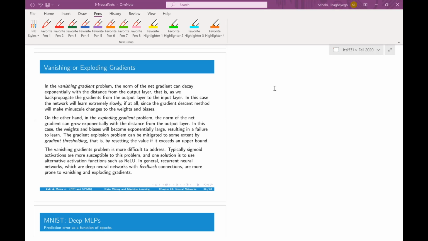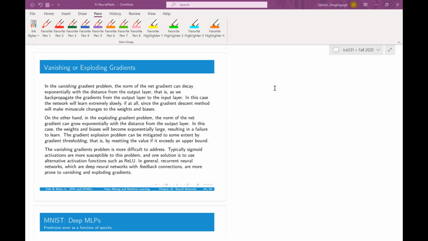So we are going to see no change or very, very slight changes in the parameter values. And basically, we are not going to learn much for those parameters. That is called the vanishing gradient problem.